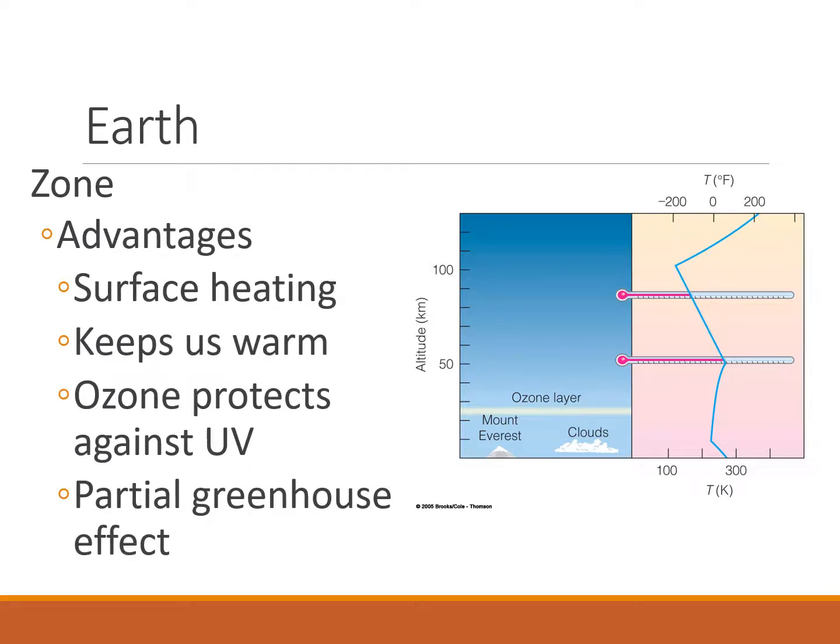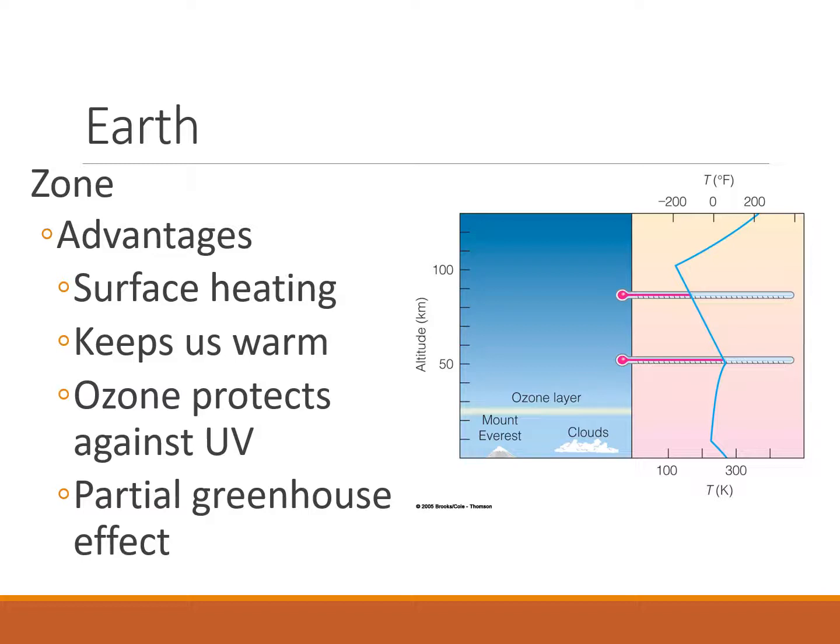Okay, there's also surface heating which occurs, and that energy gets trapped. That keeps us warm. If we didn't have the atmosphere on the Earth, our daytime would be very, very hot and our nighttime would be very, very cold. So in order to have temperatures temperate where we can live, it's the atmosphere that traps that radiation.